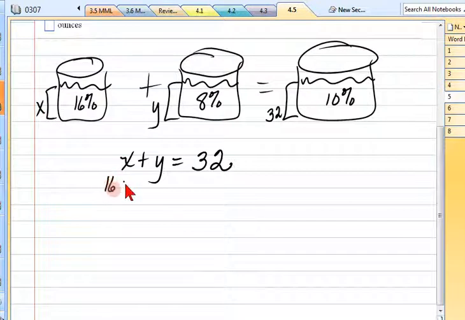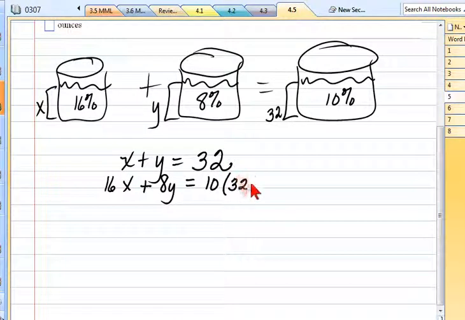So we're going to say 16 times X. There's a little decimal stuff that goes on, but we talked about it before. Plus 8Y equals 10 times 32. Every time, what I did was multiply the percent times the outside quantity. And that I will replace with the number 320.